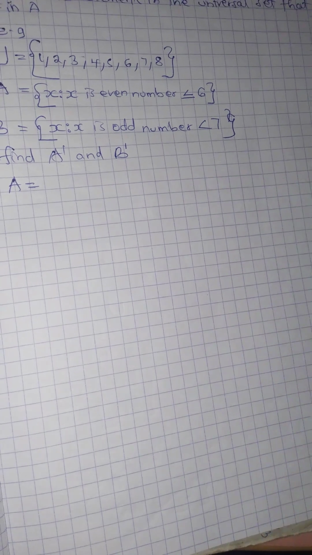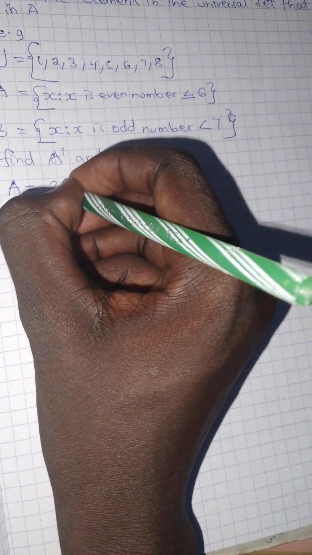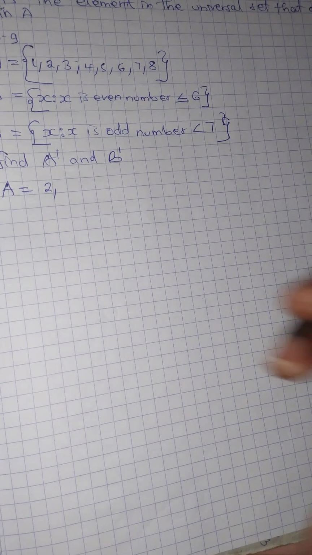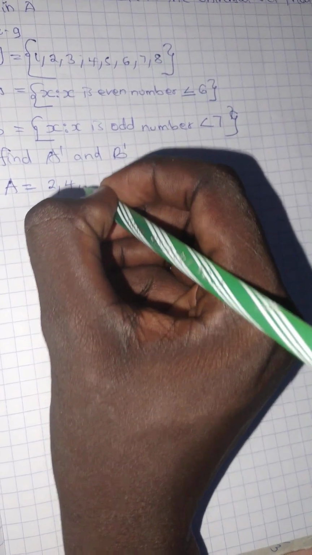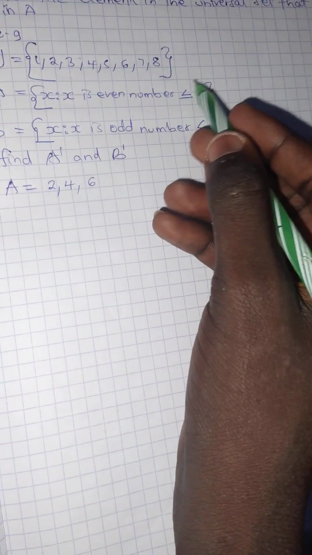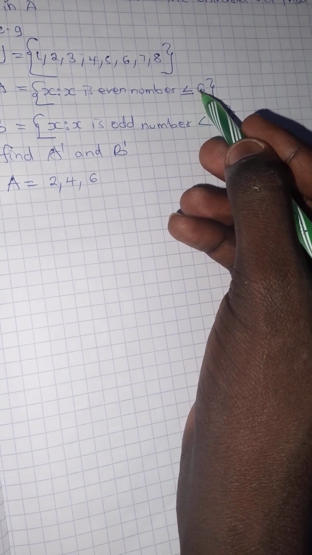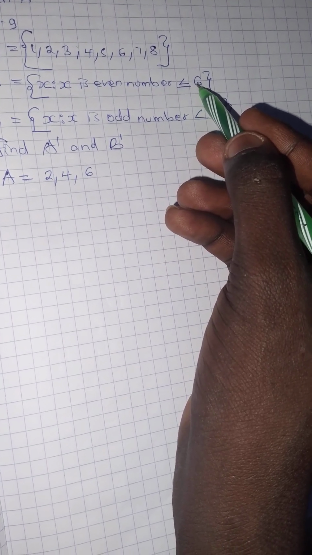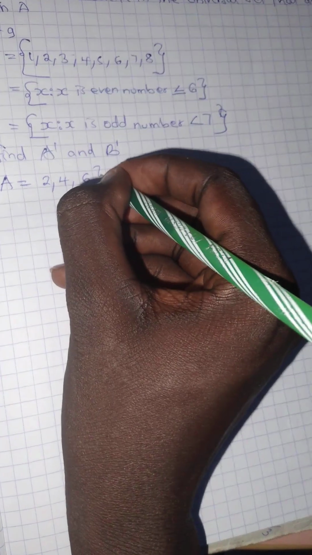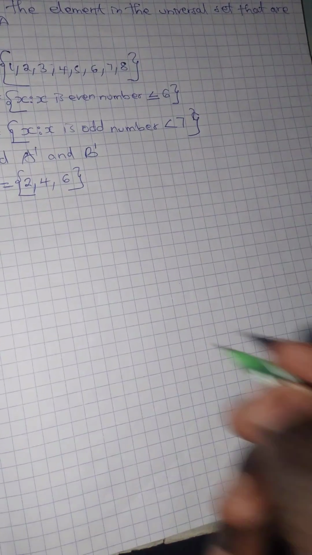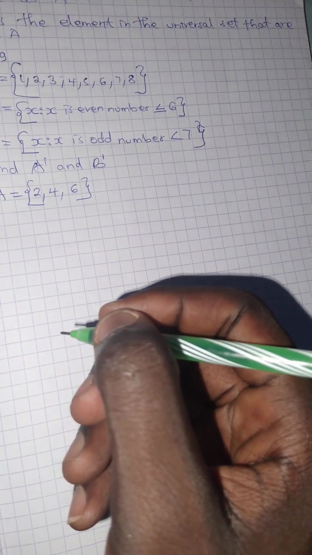We start with the even number 2, then the next even number is 4, and the next one is 6, because it was less than or equal to, which means we include 6. Then you write it within a curly bracket. Let's list the elements.